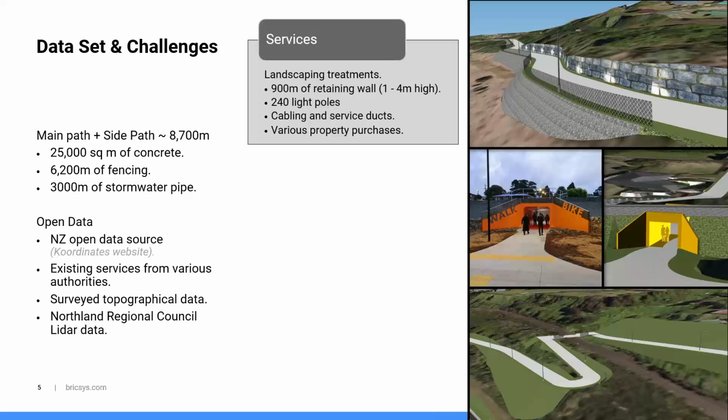There's LiDAR data that has been sourced from the Northern Regional Council, property data from Coordinates, surveyed topographical data from various surveyors, and the designs had to, of course, make allowance for all the existing services that are found along the route.